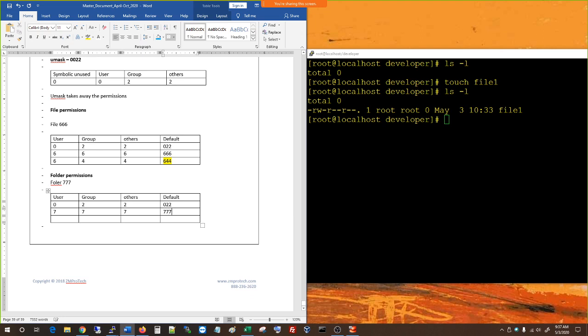Folder permissions are 777. 7 is the maximum permission any file or folder would have. Let's do the math here. 7 minus 0 is what? 7. And it's going to be 755. 5, very good. 755.